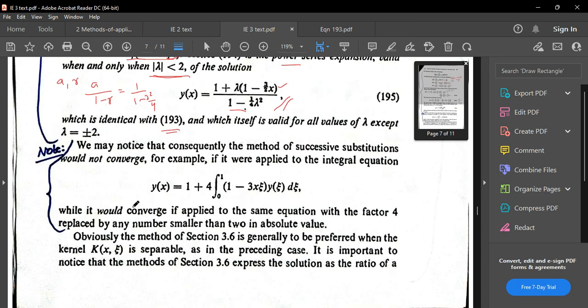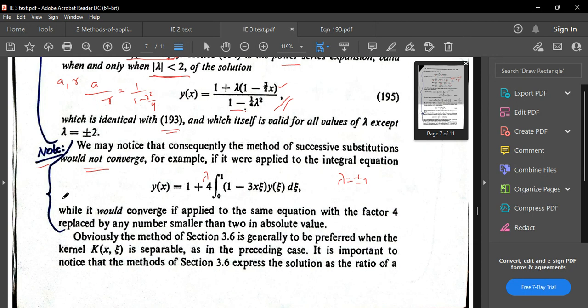Note that when the multiplier lambda value is greater than our eigenvalue, which is plus or minus 2, then this method will not work and the series will not converge.